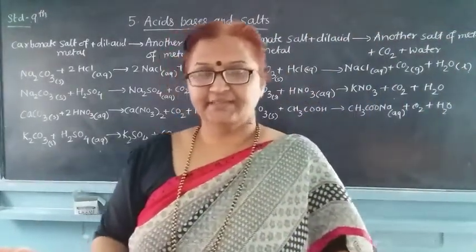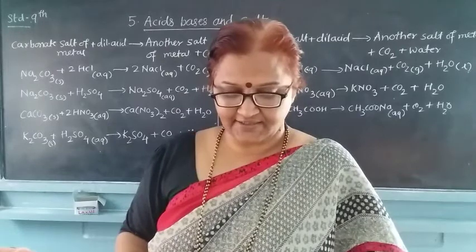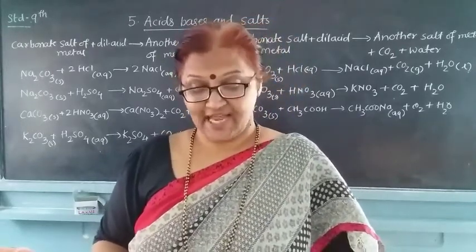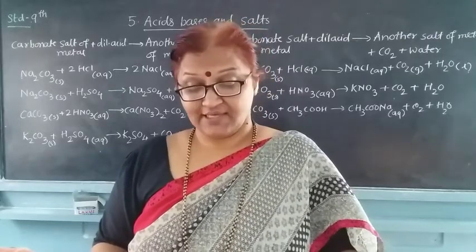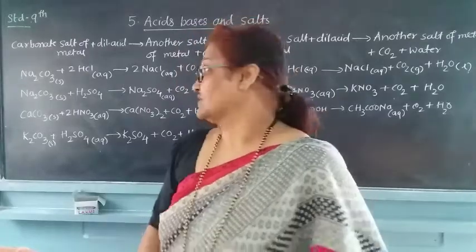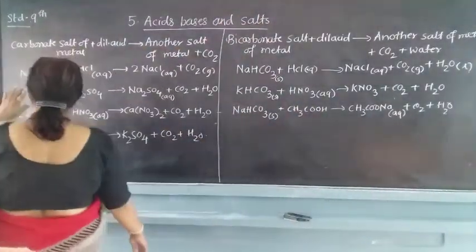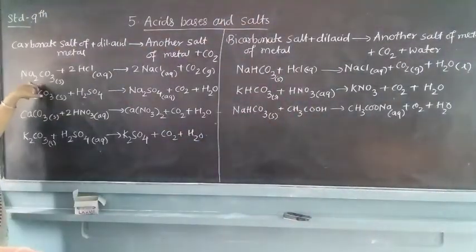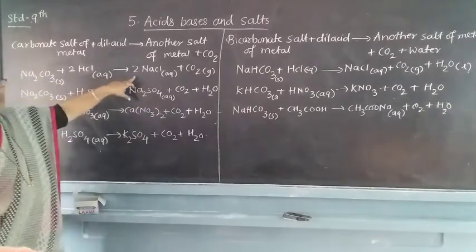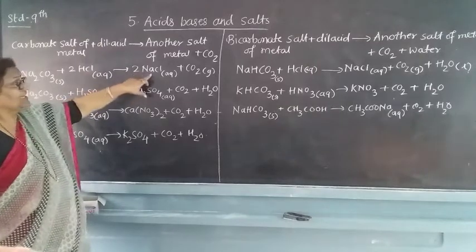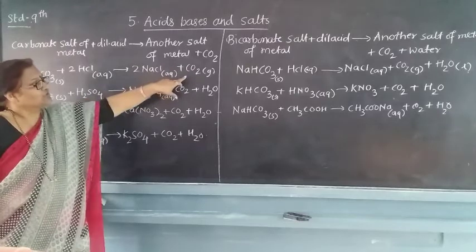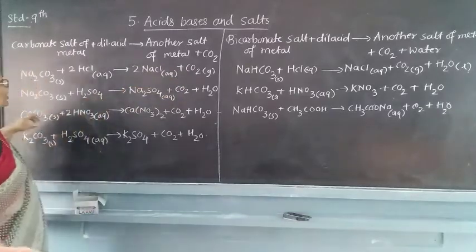Complete the reactions in the following table. Carbonate salt of a metal plus dilute acid gives another salt of the metal plus carbon dioxide. Sodium carbonate reacts with HCl to give NaCl, sodium chloride, plus carbon dioxide.